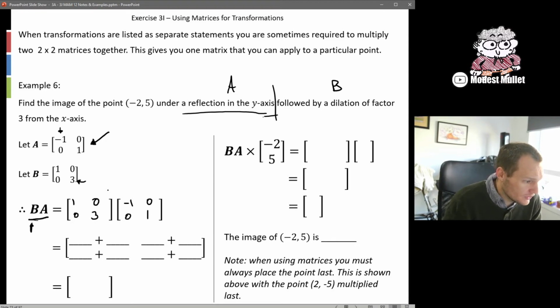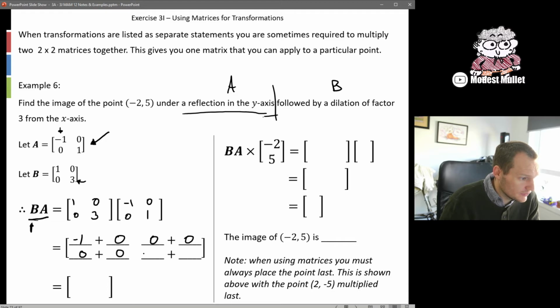So let's do this. We take the first row, multiply by the first column, the top left, we get -1 plus 0. Then over here, first row by second column, so we get 0. And down here we get 0 plus 0.